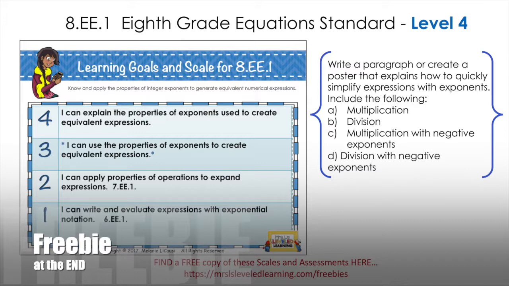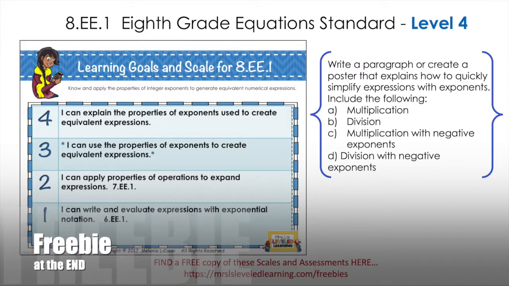Basically, you're looking to see if they can minimize the instruction to one sentence: adding positive integers in multiplication, subtracting positive integers in division, or figuring out what combination of operations they need for negative exponents. This is a good exercise to extend the thinking of your higher level students and make sure they can apply this standard at a different level.